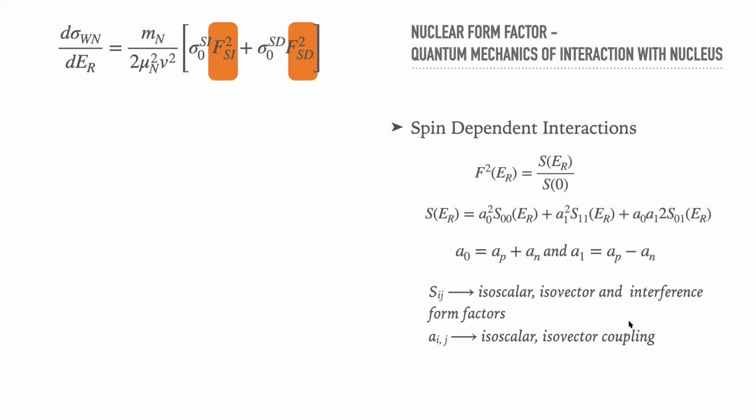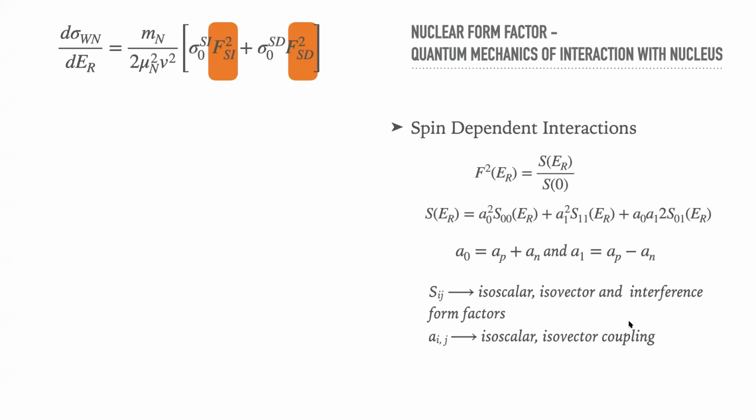S as a function of the recoil energy is equal to A0 squared times S00 of ER, plus A1 squared times S11 of ER, plus A0 A1 times 2 S01 of ER. These S's are the isoscalar, isovector, and interference form factors.